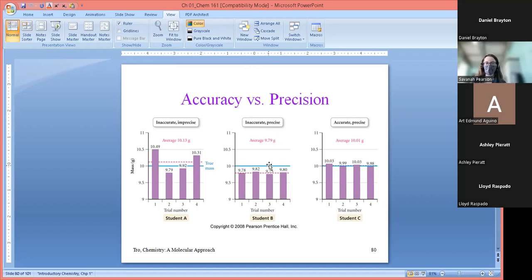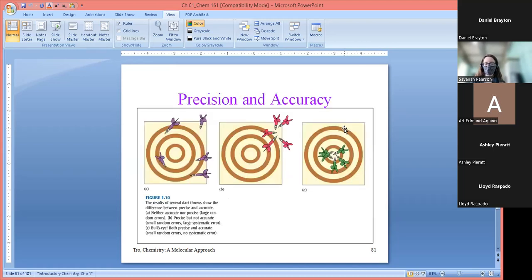It's just not calibrated, so it's inaccurate. It's off. Then of the 3 here, this student's dart throwing machine is really close to the bullseye, with a little variation above and below it. So it's both accurate and precise. Again, this won't be on the test. It's more of a lab class.